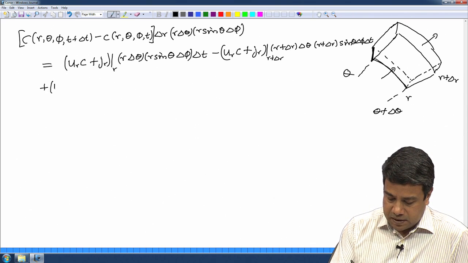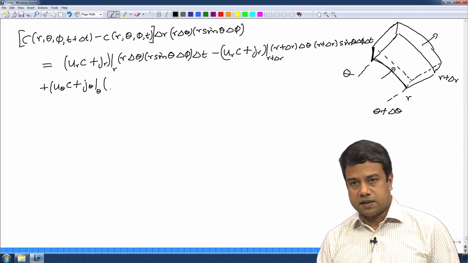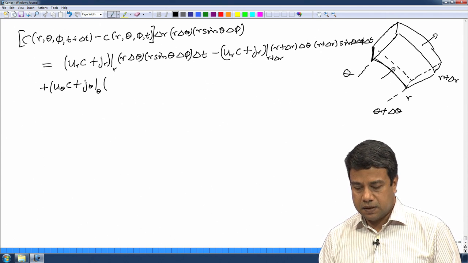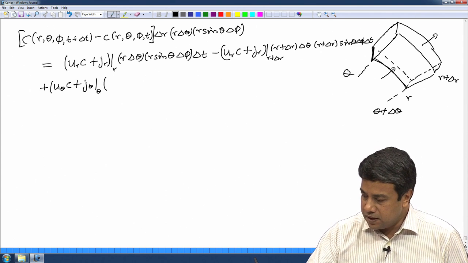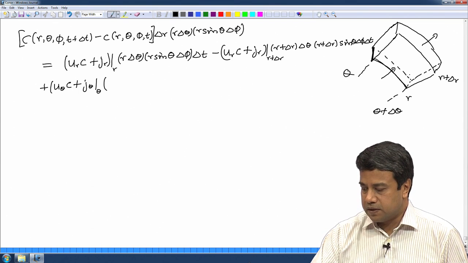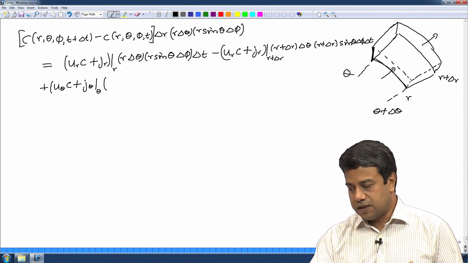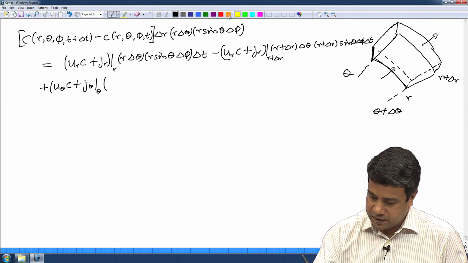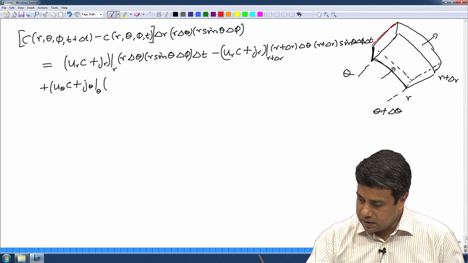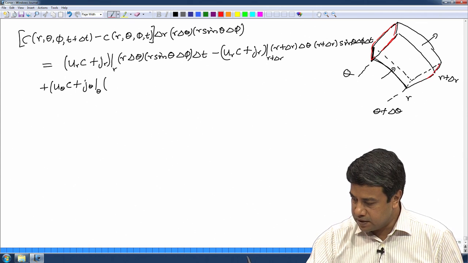theta and theta plus delta theta, u theta c plus j theta at theta, okay, times the surface area perpendicular to the theta direction, that is the left and the right faces here. Note that the faces that were perpendicular to the theta direction were these two.